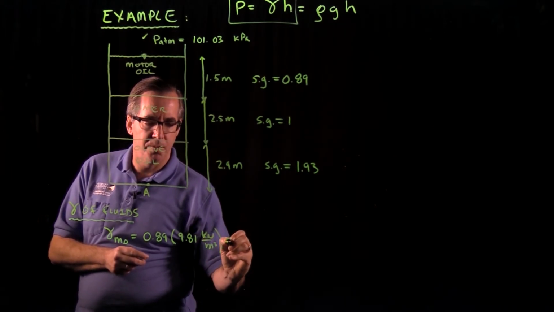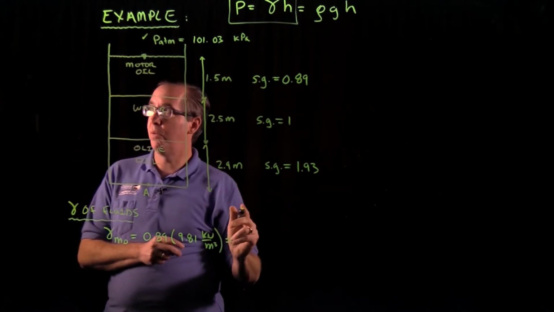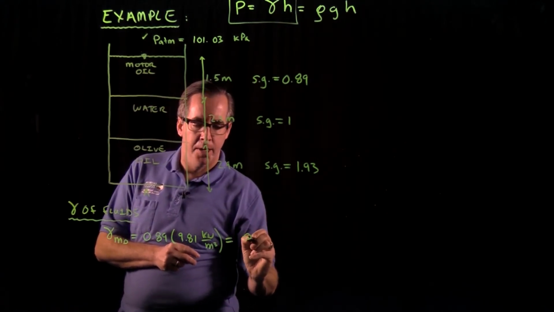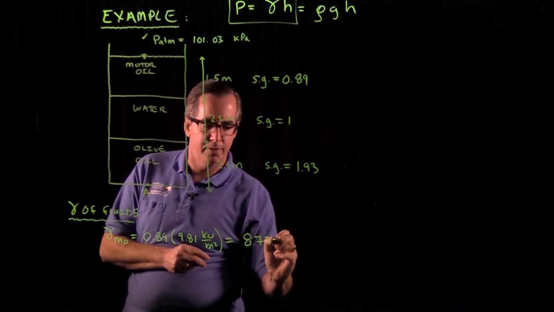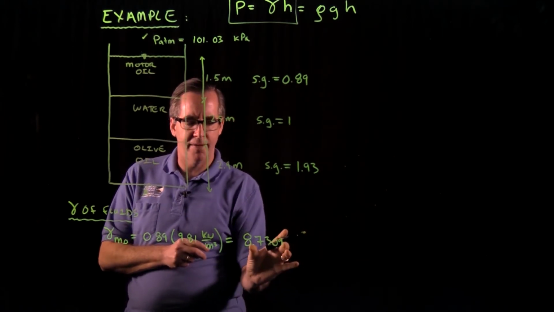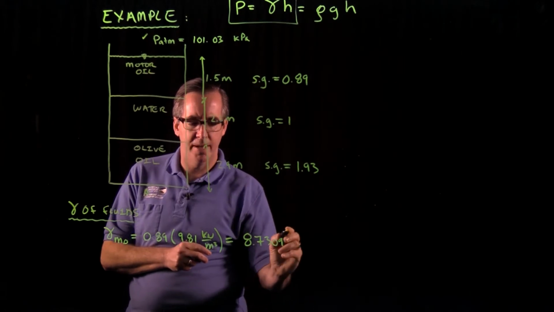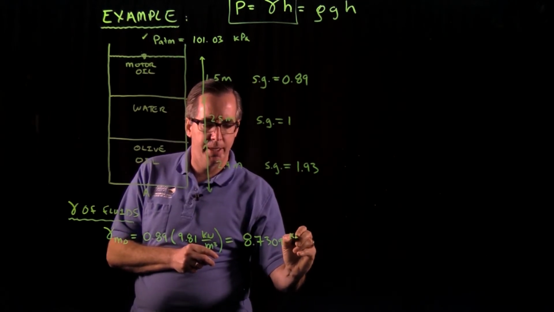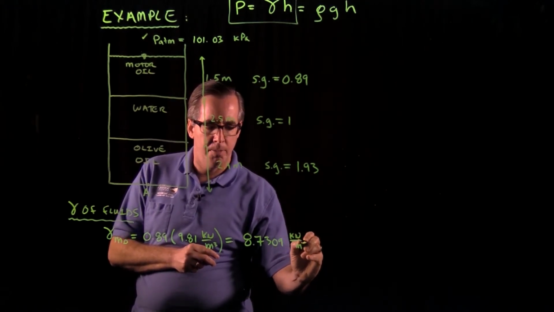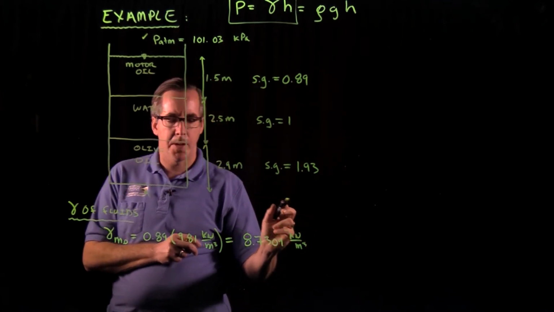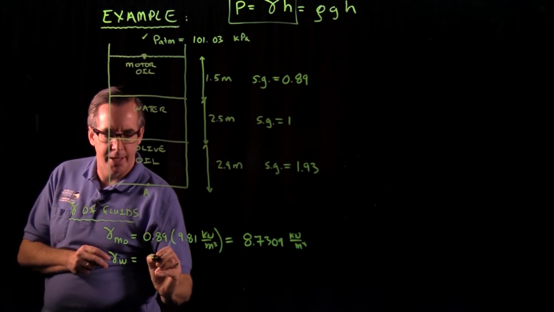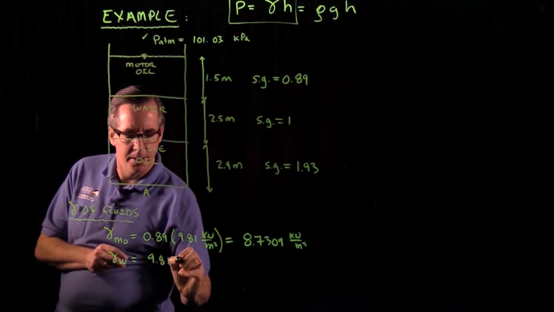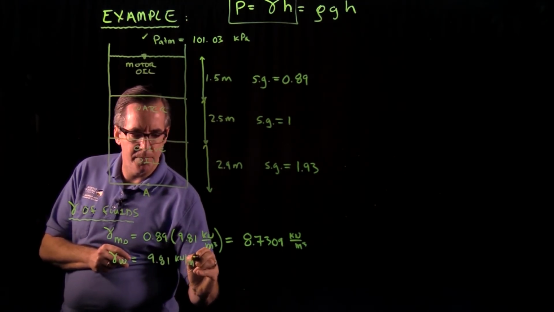So for the motor oil, we get a specific weight of 8.7309. I usually don't carry it out that far, but I'm going to keep the decimal points to that level, and that would be kilonewtons per meter cubed. We already know the specific weight of water. That's the 9.81 kilonewtons per meter cubed.